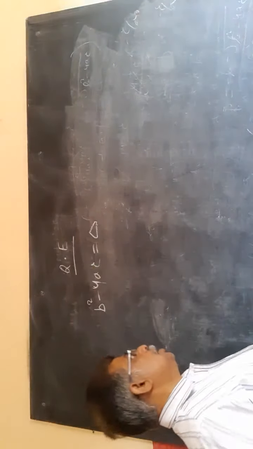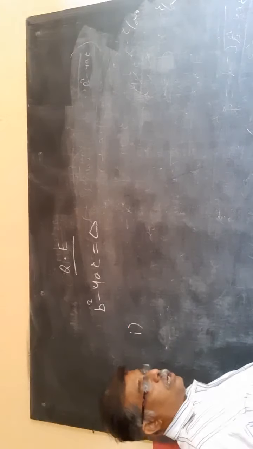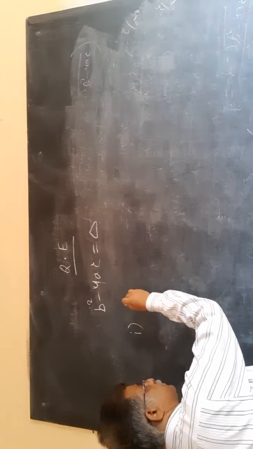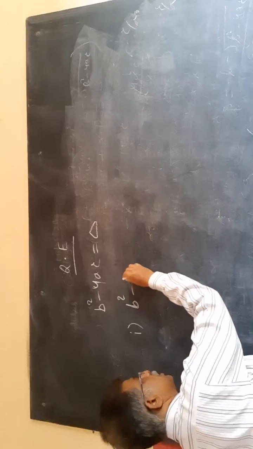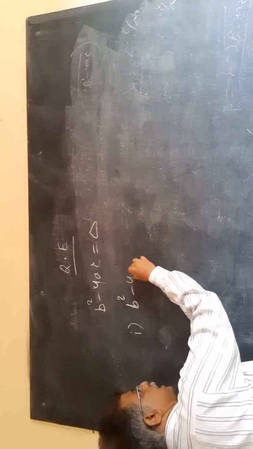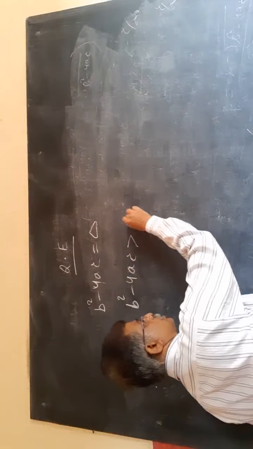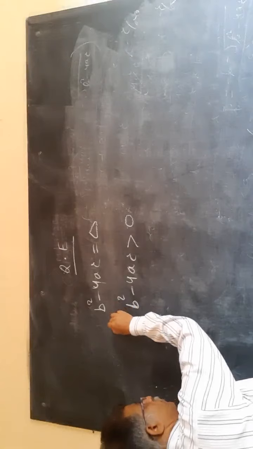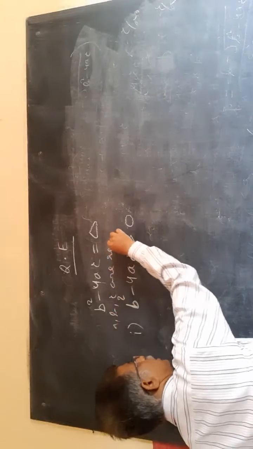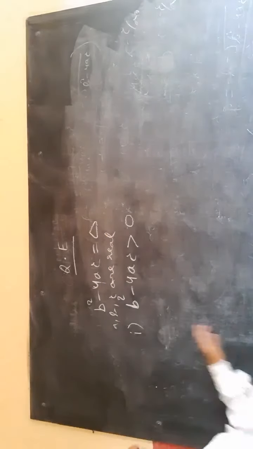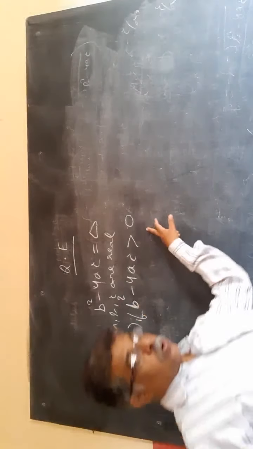How? Just now we have observed the first one. If b square minus 4ac is greater than 0 and a, b, c are real, what will we get?